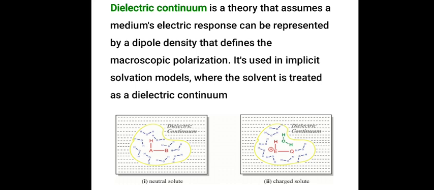These water molecules are referred to as the dielectric continuum. The central ion can be neutral or it can be a charged particle. The water molecules surrounding it are called the dielectric continuum. I have represented this in the diagram; you can just look into it.